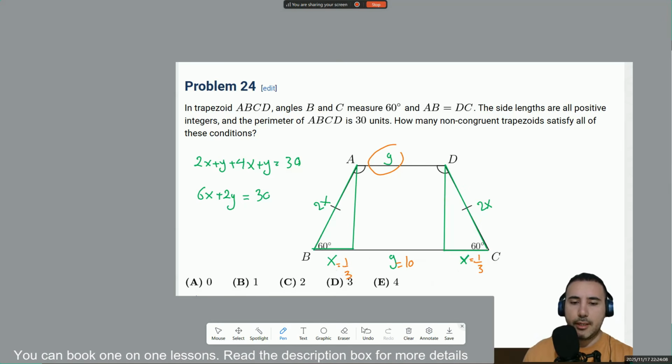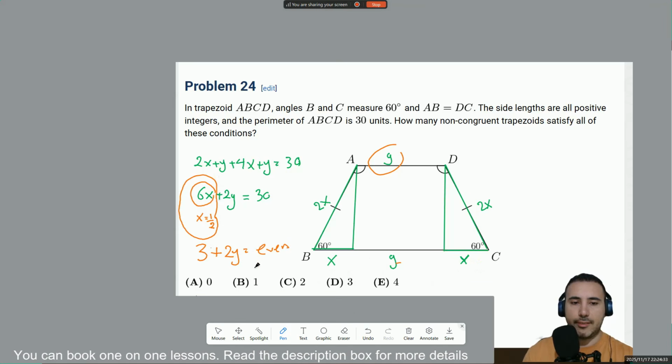No. So then for example, let's try. If x is equal to 1/2, this will be 3. Look, odd number plus 2y is even, is going to be even again.